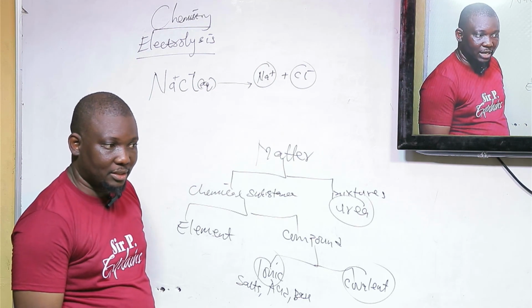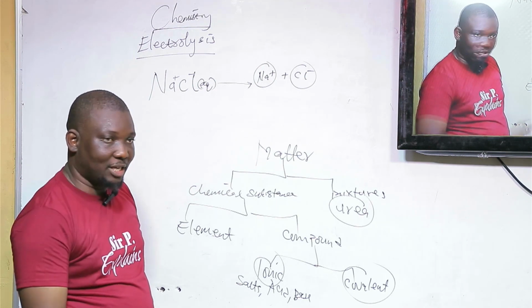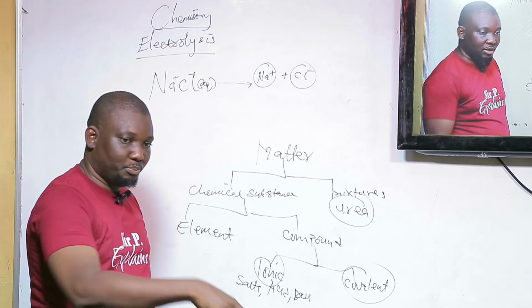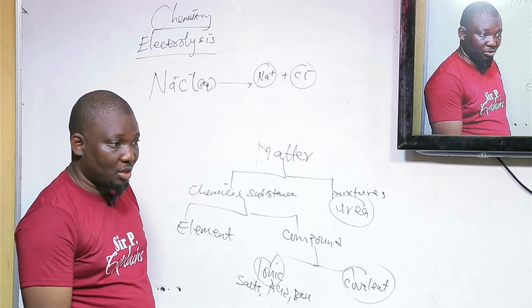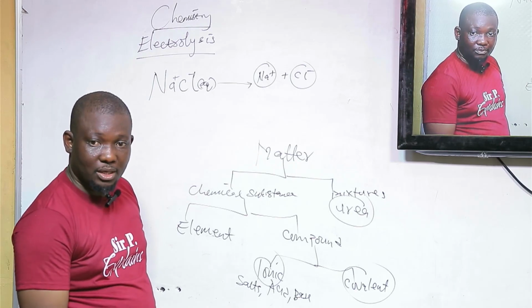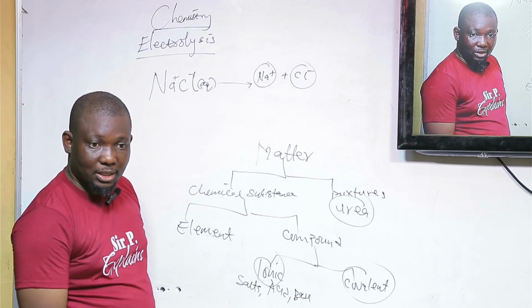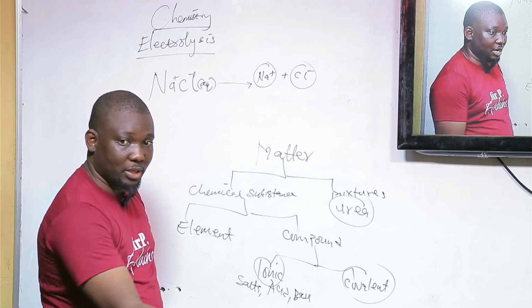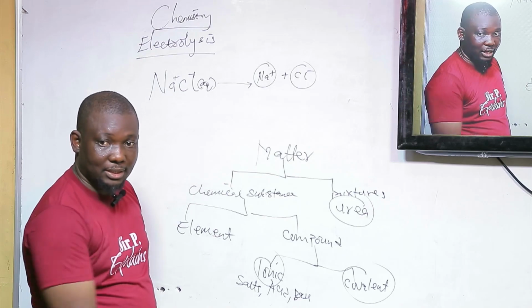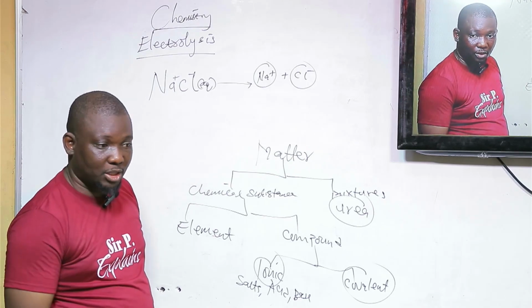But for scientists, we don't define it that way. You go to a dictionary, because electrolysis is not an English word. If you go to an English dictionary, you're not going to see electrolysis there. You can only see it in a science dictionary. So if you translate it, electro is electricity, lysis is what? Breakdown or splitting.